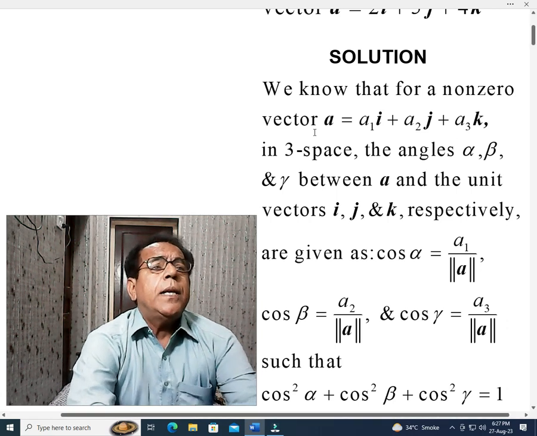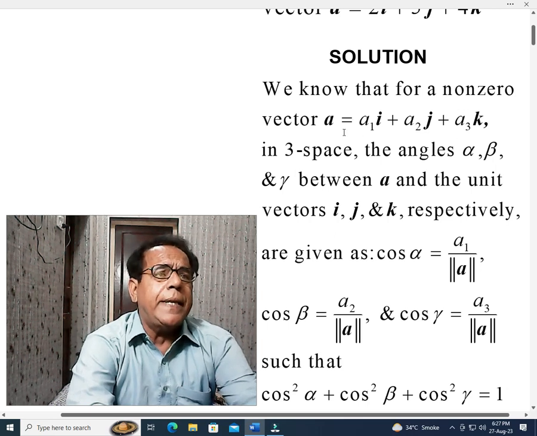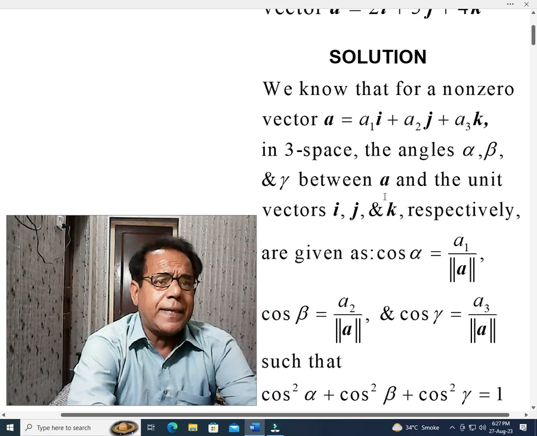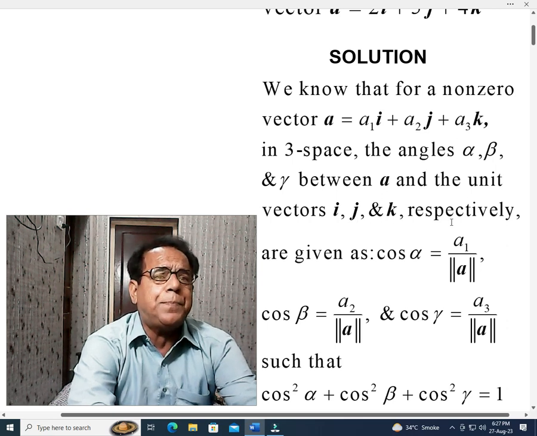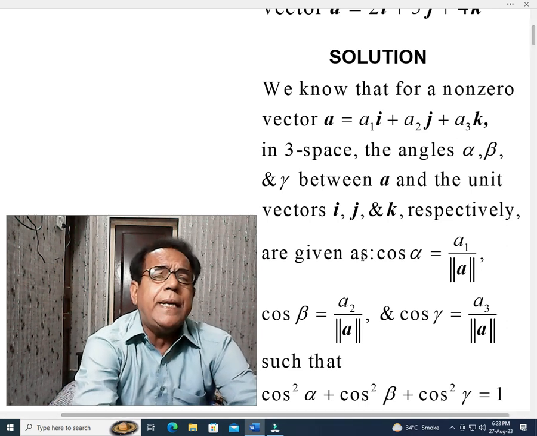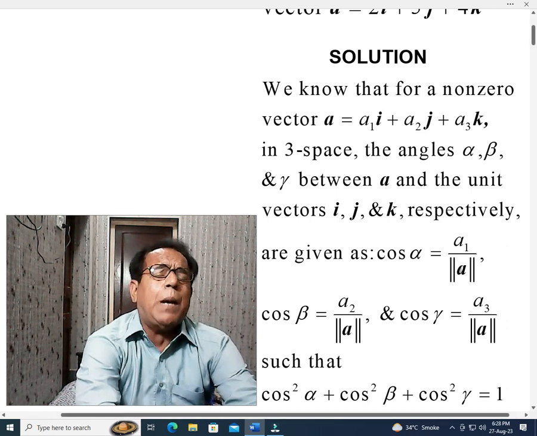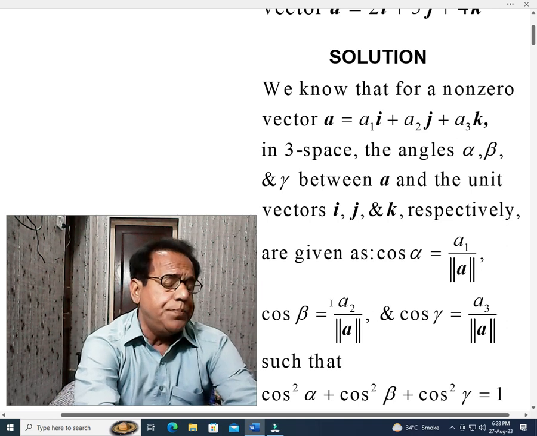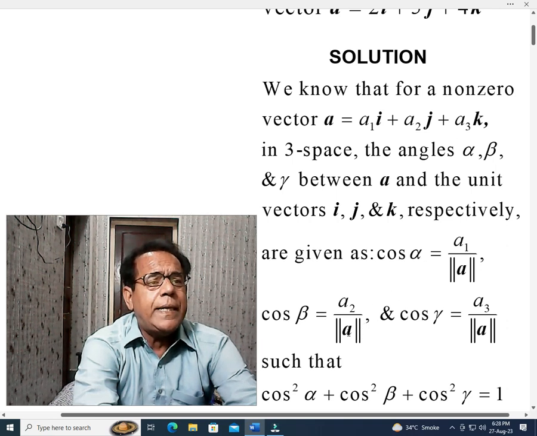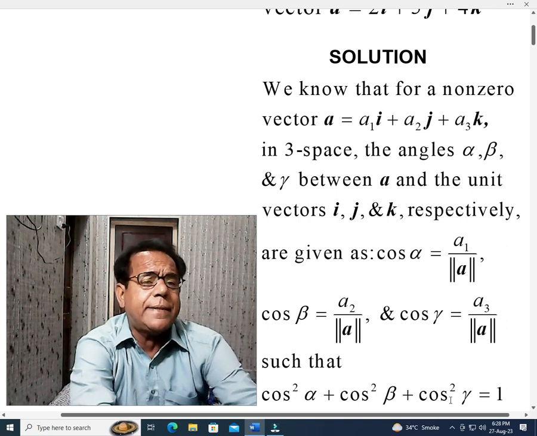We know that for a non-zero vector a equal to a1i plus a2j plus a3k in 3 space, the angles alpha, beta and gamma between the vector and the unit vectors i, j and k respectively are given as cos alpha equal to a1 over magnitude of vector a, similarly cos beta equal to a2 over magnitude of a, and cos gamma equal to a3 over magnitude of a, such that cos square alpha plus cos square beta plus cos square gamma equal to 1.